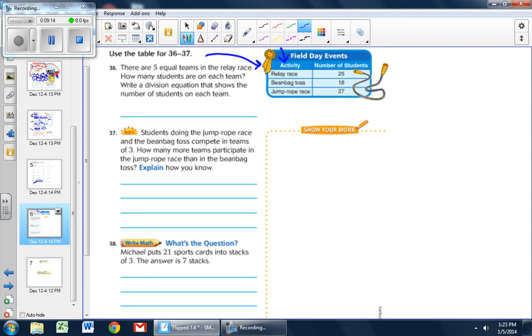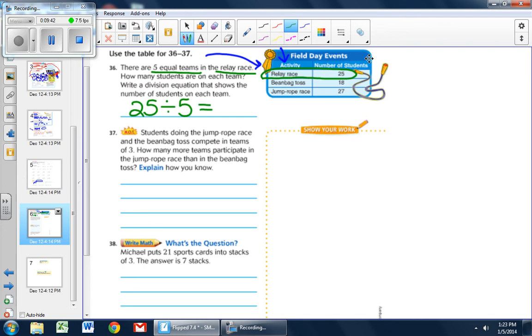So number 36. There are 5 equal teams on the relay race. How many students are on each team? Write a division equation to show the number of students. So we are going to look at the relay race. There are 25 students, and they are divided among 5 teams.